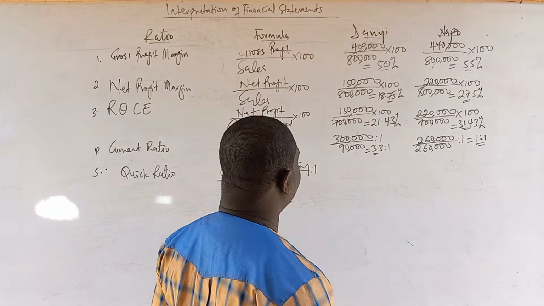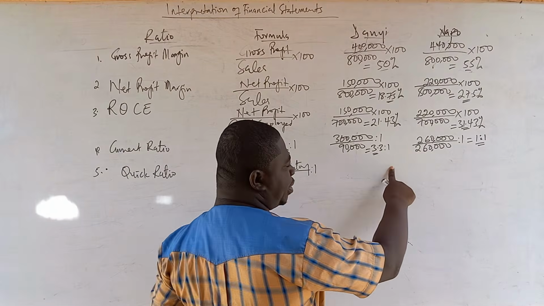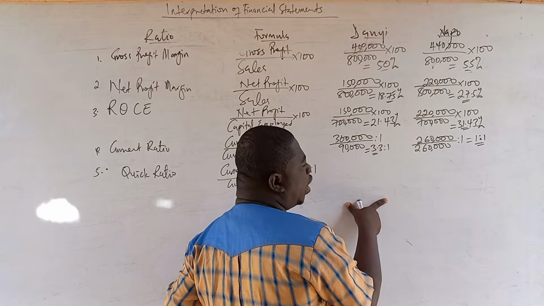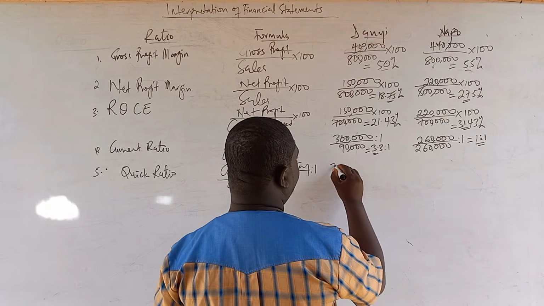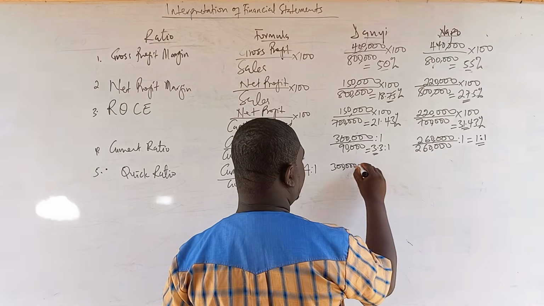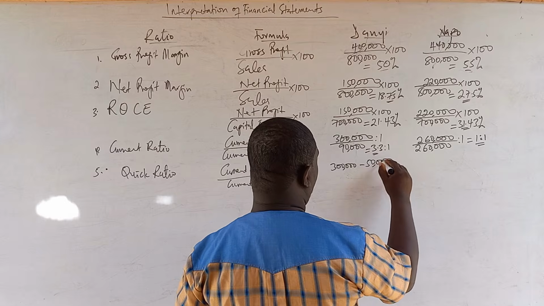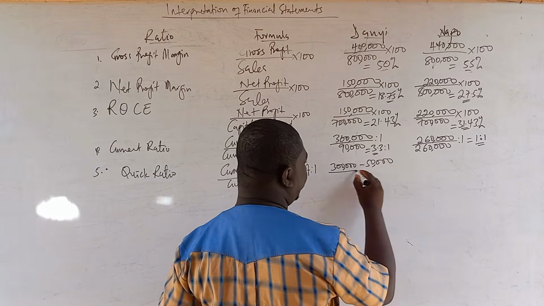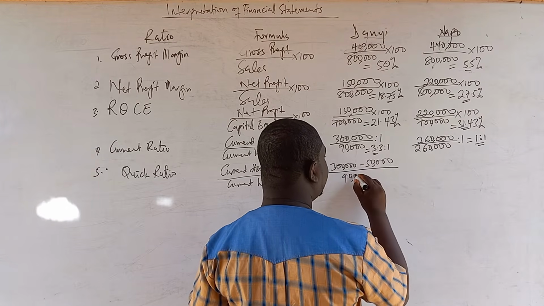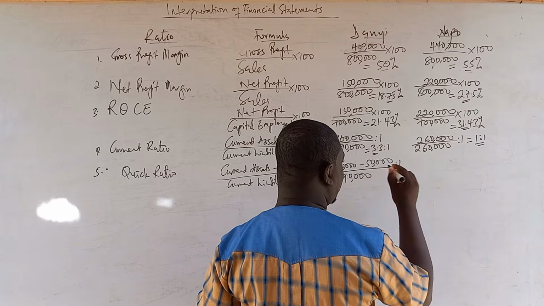And so when we come here, we can write it as 300,000 minus 50,000 over the ratio, and then we calculate it. Okay, so 300,000 minus 50,000. Or you can do the workings elsewhere and then bring 250,000 directly here. Over 90,000 Ghana cedi is to 1.